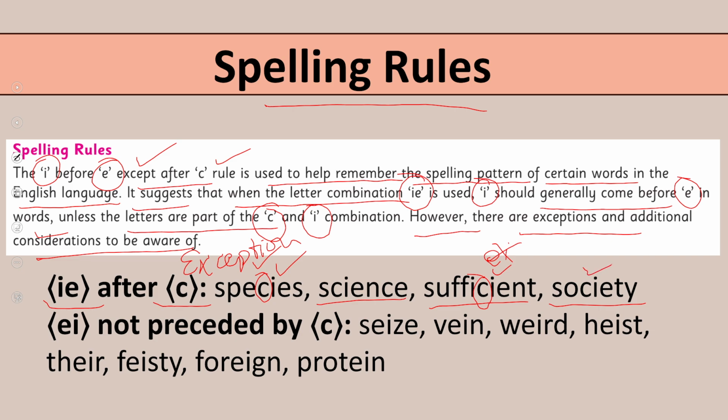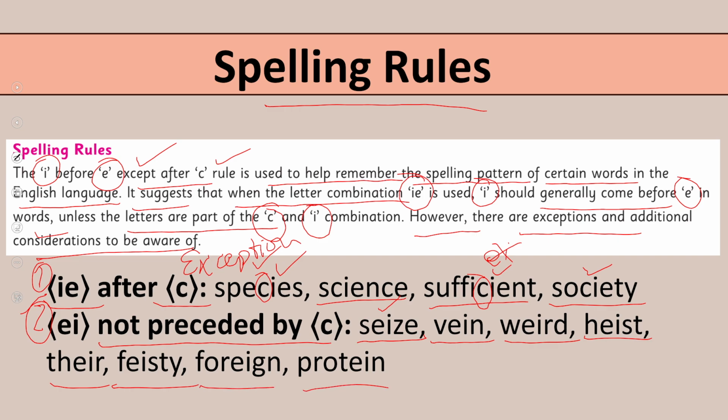Now, here you can see the second exception. This is exception 1. This is our exception number 2: EI not preceded by C. For example, the rule says that EI will come only after the letter C. But here you can see there is no letter C in seize, vein, weird, heist, their, feisty, foreign, protein.